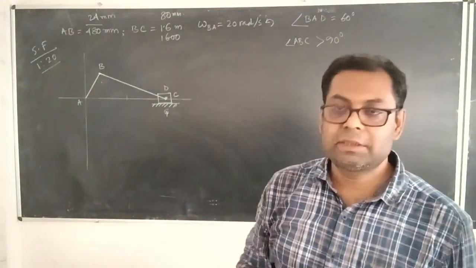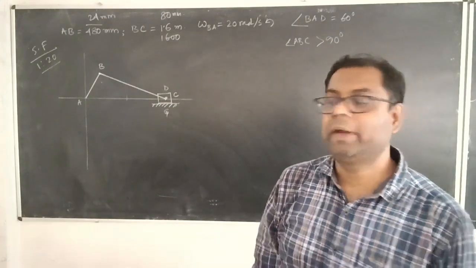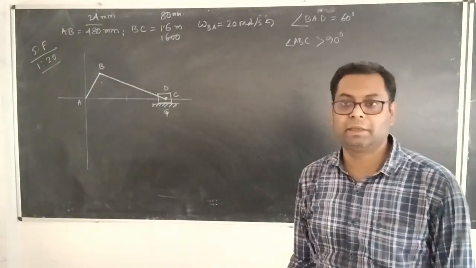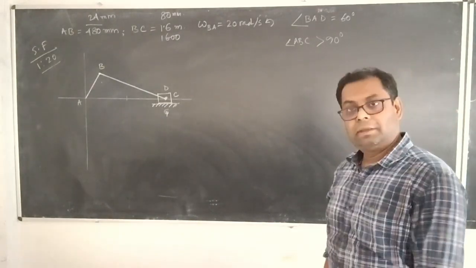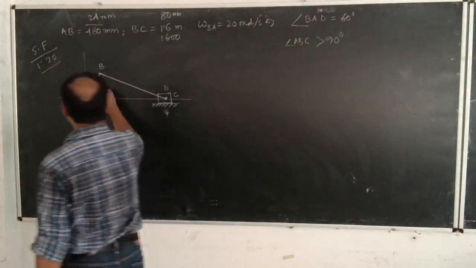If you draw this picture or image properly, then you will find out it is greater than 90 degree. It has to happen. It will occur. So this angle is 90 degree over here.